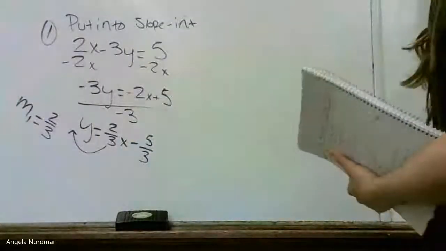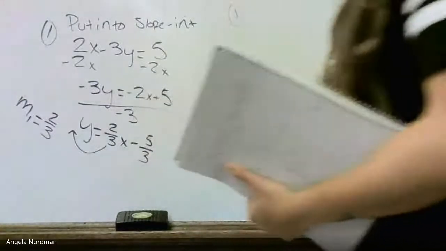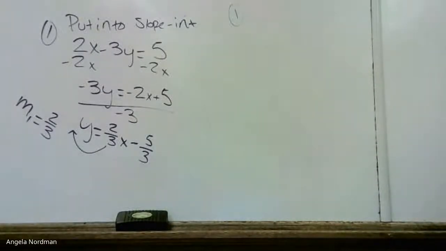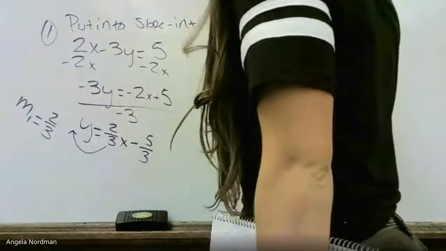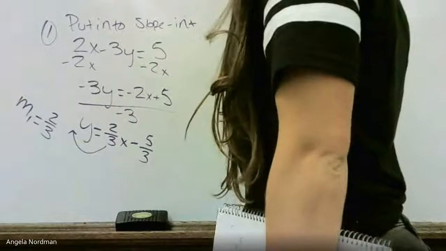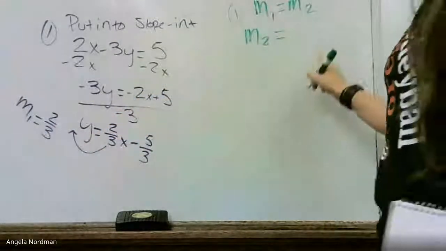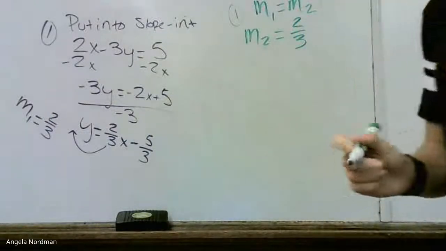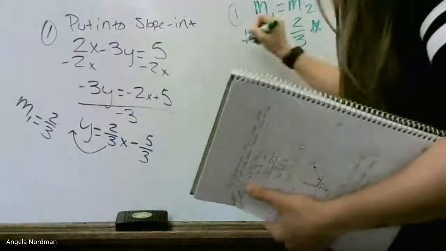Working on finding a slope that would be parallel to that. For parallel, M1 has to equal M2, then if M1 equals 2/3, my M2, or my parallel slope, would also equal 2/3. Okay, that's going to be my slope.